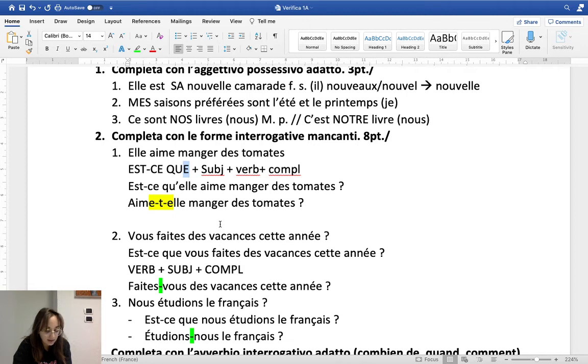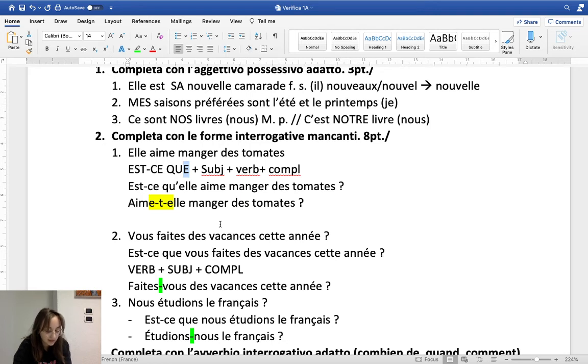Aimez-vous écrire au tableau? Number 3. Elles sont belges. Sont-elles belges? Number 4. Vous avez des copains. Avez-vous des copains? Number 5. Il parle allemand. Parle-t-il allemand?